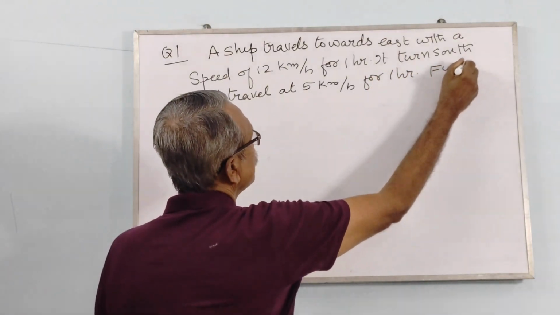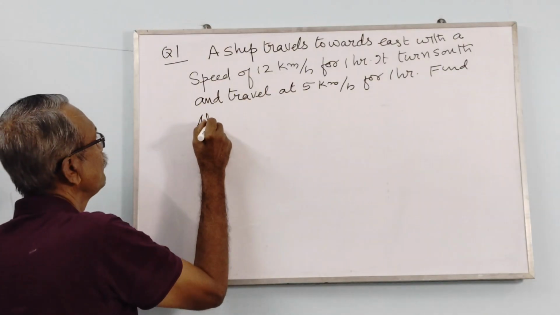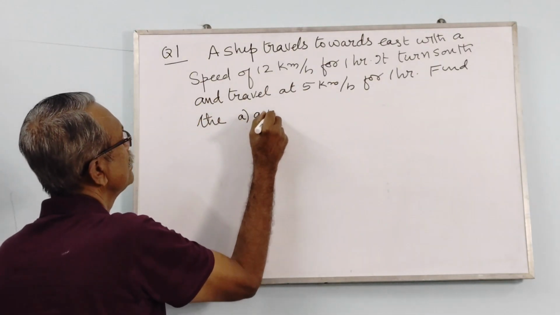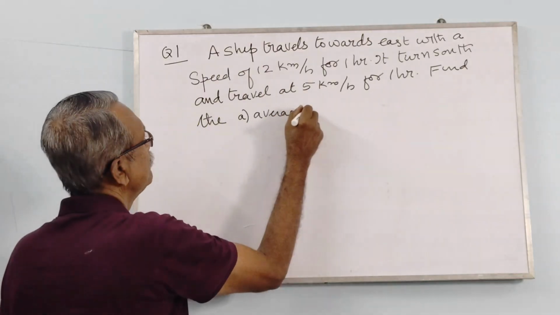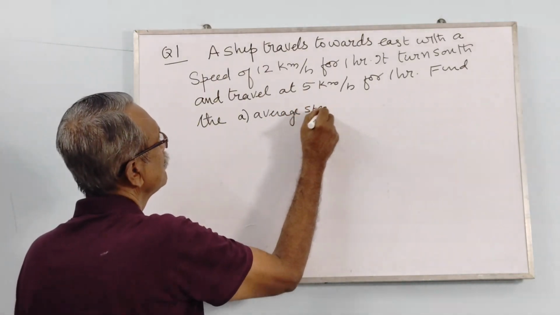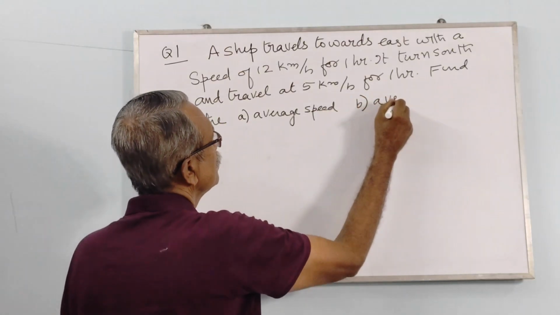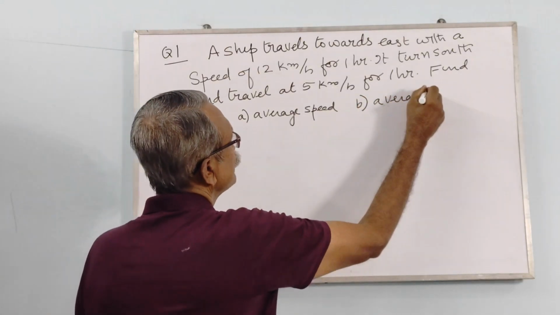Find A, the average speed, B, the average velocity.